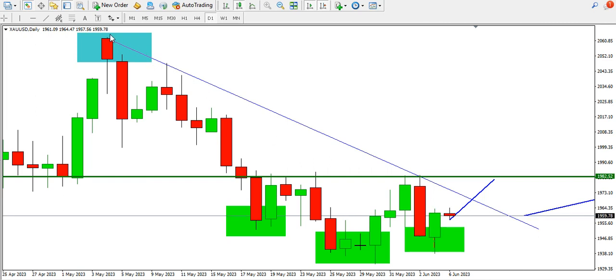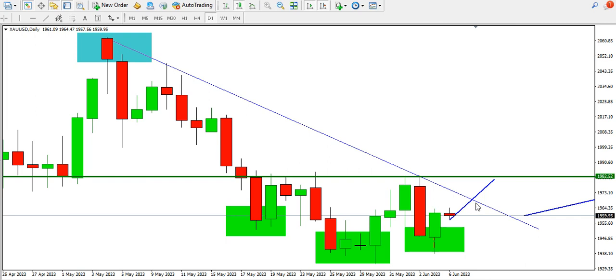But there seems to be trouble along the line, and this descending trend line might cause some level of resistance. So the buyers might not have a field day to just push price up. The buyers might meet with resistance around the 1973, 1971 area.